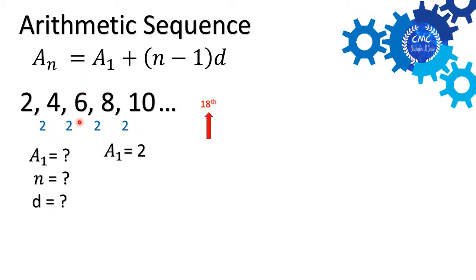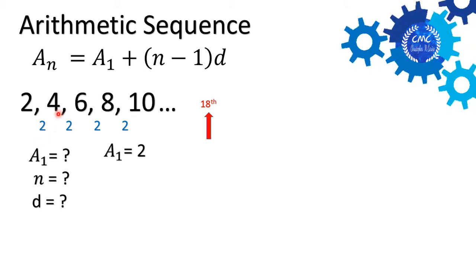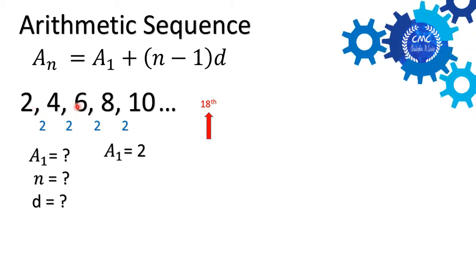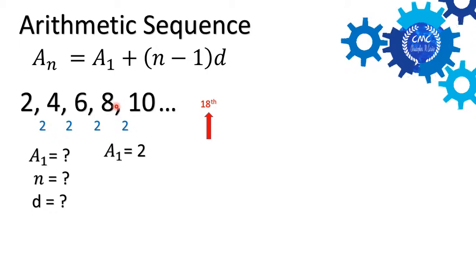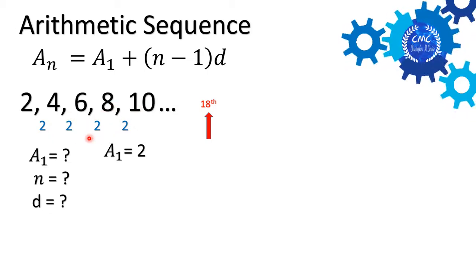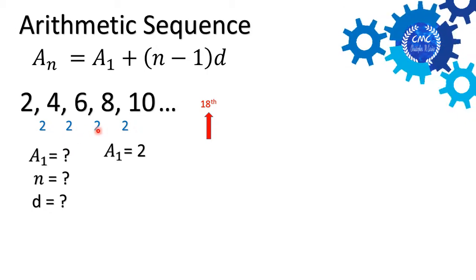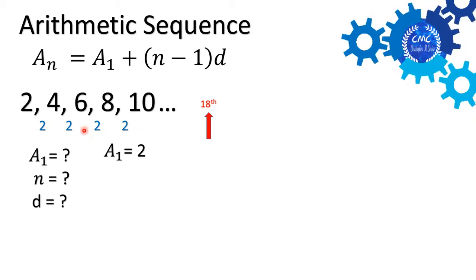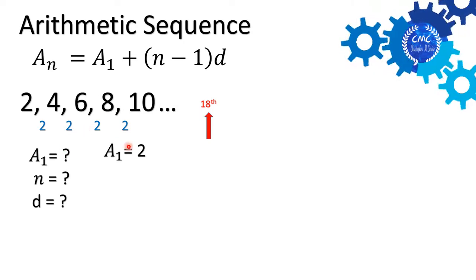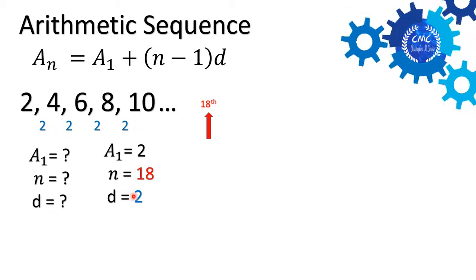The common difference is found by subtracting: 4 minus 2, 6 minus 4, 8 minus 6, and 10 minus 8. You will notice that we have the same difference, which is 2. Therefore, our first term is 2, and our common difference is 2.